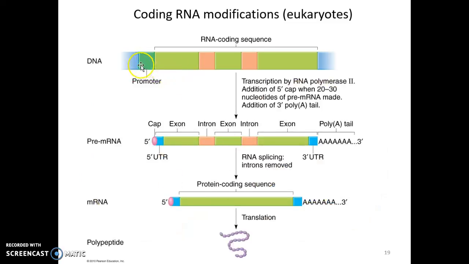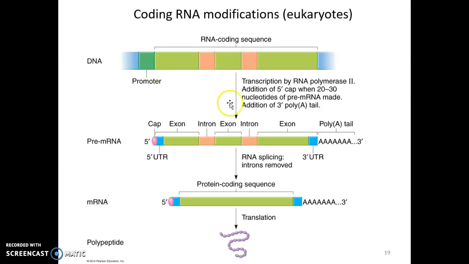So here's a simplified version of a eukaryotic gene. We've got coding sequence that's broken up by introns in peach, so intervening sequences, and the coding sequences themselves are the exons, in a lighter, wine-ish kind of green. We have our promoter region, which is important in the initiation of transcription.